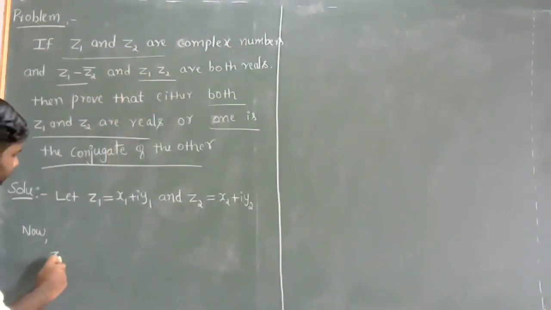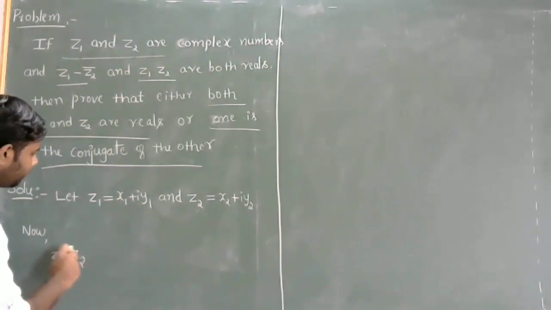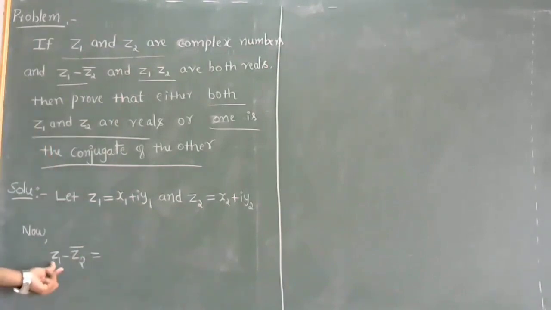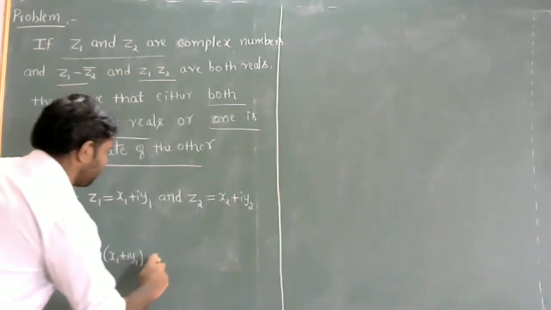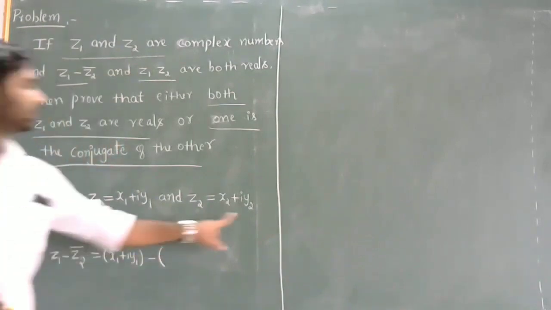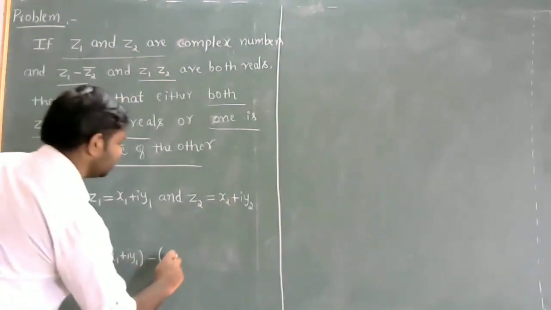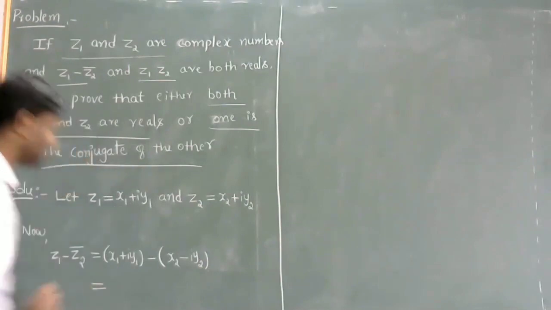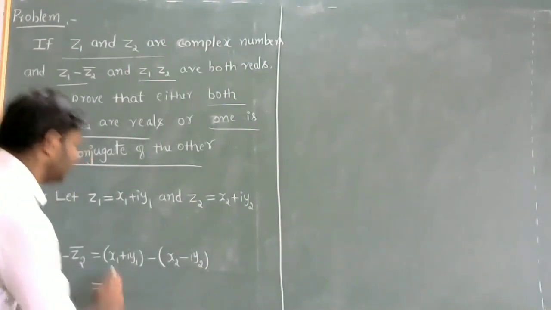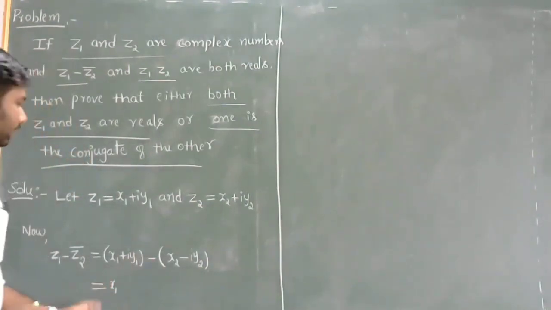Now, consider Z1 minus Z2 bar. Z1 is x1 plus iy1, minus Z2 bar, that means its conjugate, which is x2 minus iy2. I will directly separate the real and imaginary parts.